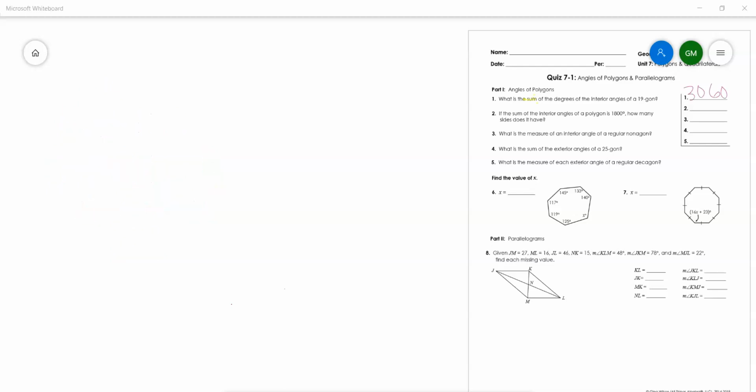All right, so number two says, if the sum of the interior angles of a polygon is 1800 degrees, how many sides does it have? So in this case, we are still using our formula, S equals n minus 2 times 180.